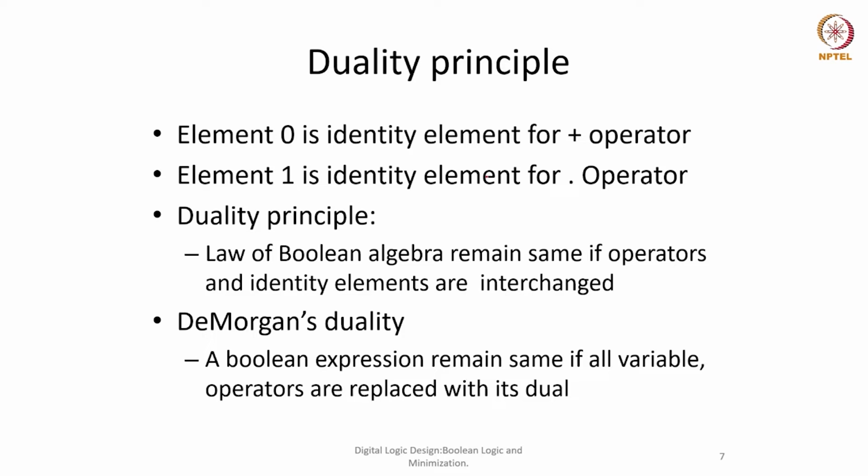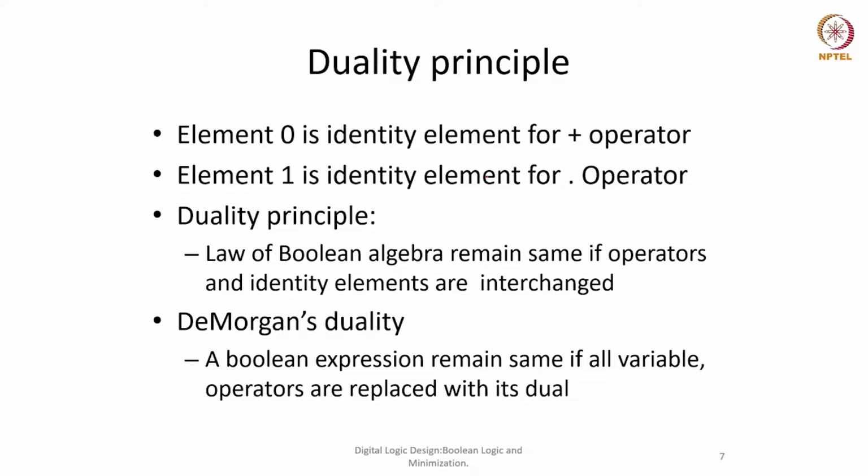Before explaining this duality principle, let's understand one more fact. When we started explaining the concept of zeros and ones, these zeros and ones are essentially two different states of matter.